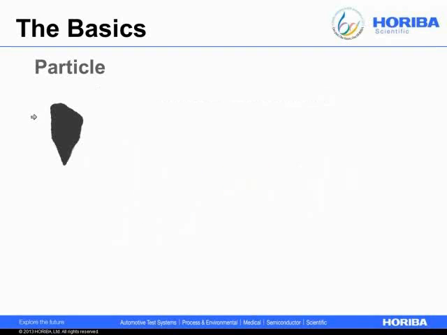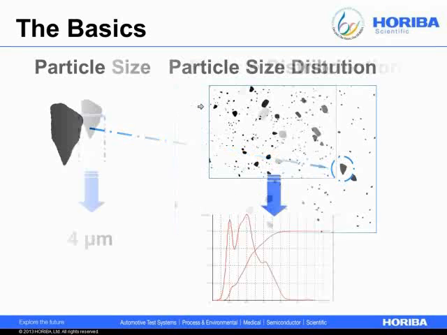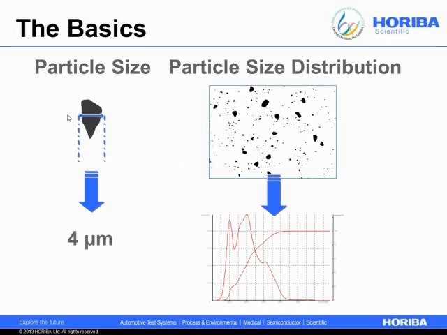So when we talk about a particle, we're talking about a single particle. When we talk about a particle distribution, it's actually many, many different types of particles, and they may have very different shapes, and obviously very different sizes as well. And so when we talk about particle size, we're actually talking about just a single number for that particle based off of whatever metric we choose to measure. And a particle size distribution is the size, based off of that metric, for every particle we can measure, delivered in a graphical format.